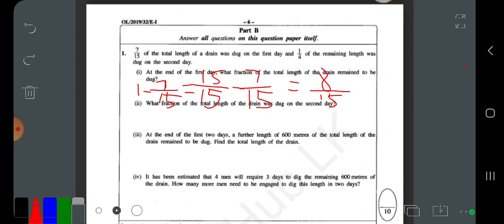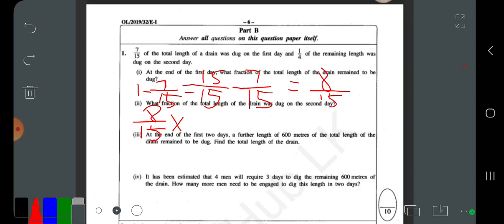So we have the remaining length, 8/15. With 8/15 you should multiply, because see, 1/4 of the remaining, which is 8/15. With that we need to multiply.